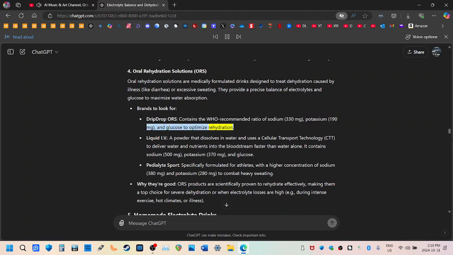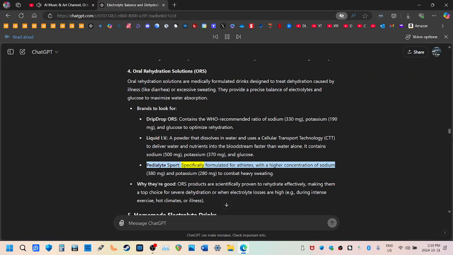glucose to optimize rehydration. Liquid I.V., a powder that dissolves in water and uses a cellular transport technology, CTT, to deliver water and nutrients into the bloodstream faster than water alone. It contains sodium, 500 mg, potassium, 370 mg, and glucose.